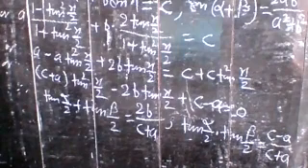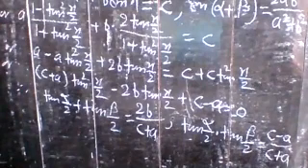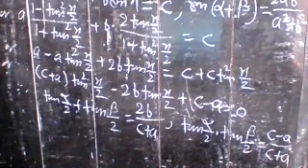Now you have to find the value of sine alpha plus beta. So sine alpha plus beta can be written as 2 tan alpha plus beta by 2 upon 1 minus tan square of alpha plus beta by 2.